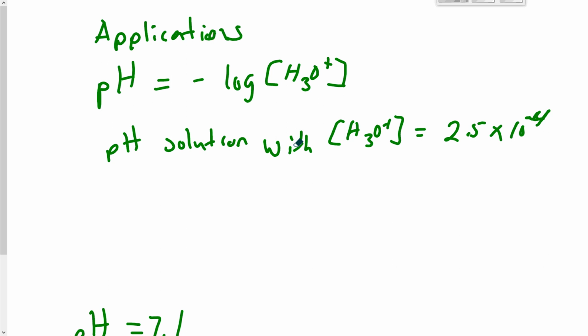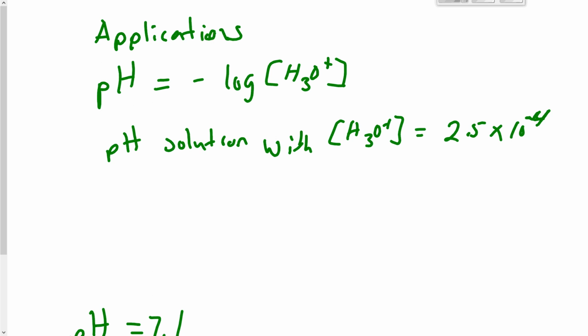We don't know what the solution is, but it has an ion level of 2.5 times 10 to the negative fourth, and I do believe those are in moles per liter. So we're going to find the pH level of this solution with 2.5 times 10 to the negative fourth moles per liter of hydrogen ion concentration.